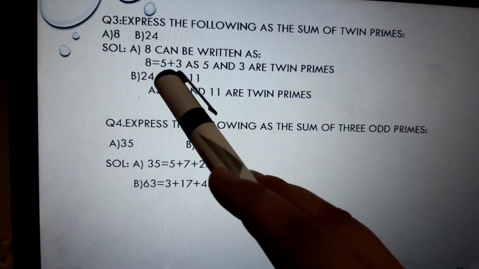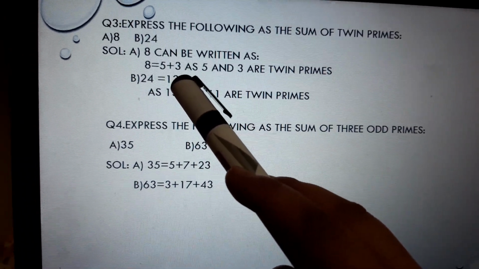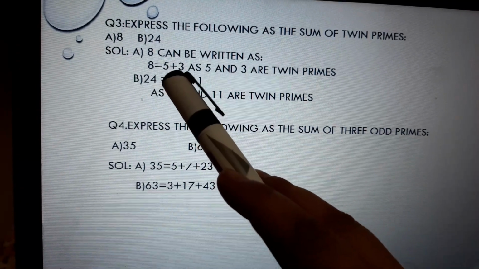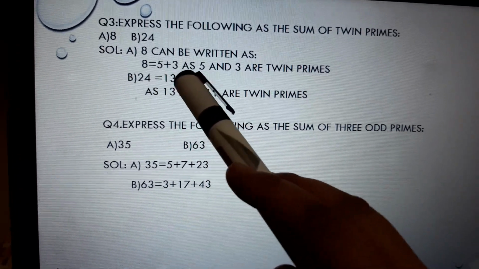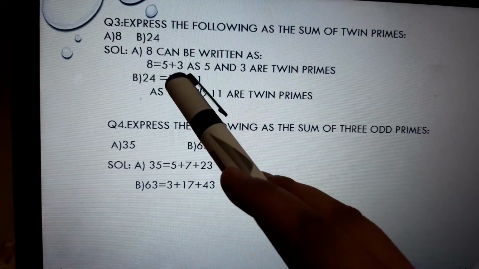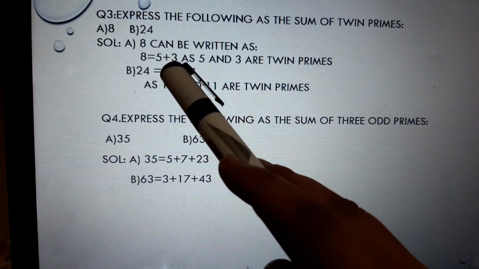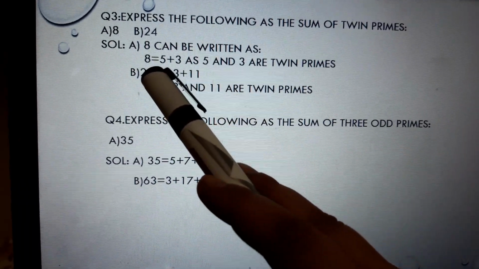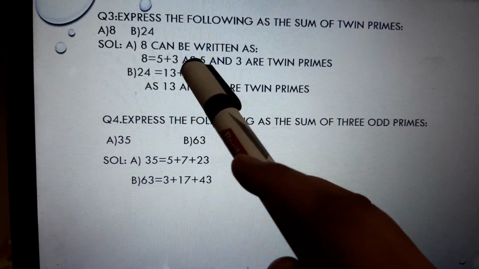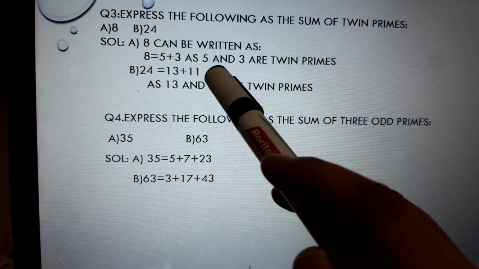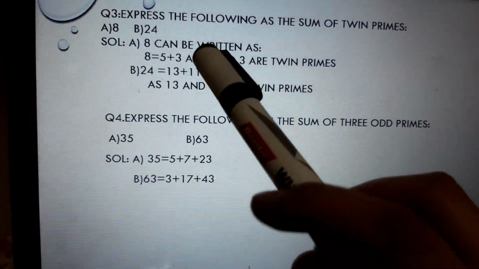We know 5 is also a prime number and 3 is also a prime number. Are they twin primes? Yes, because the difference of 5 and 3 is 2. 5 minus 3 is 2. So they are prime numbers and in fact they are twin primes, and their sum is equal to 8. So 8 is 5 plus 3 can be written like this, and 5 and 3 are twin primes.